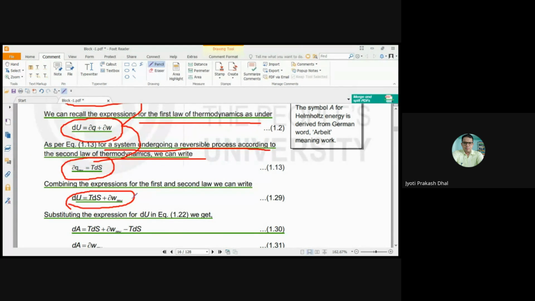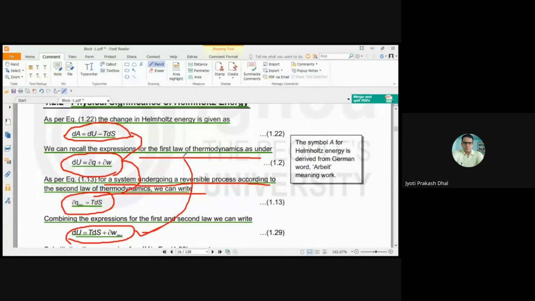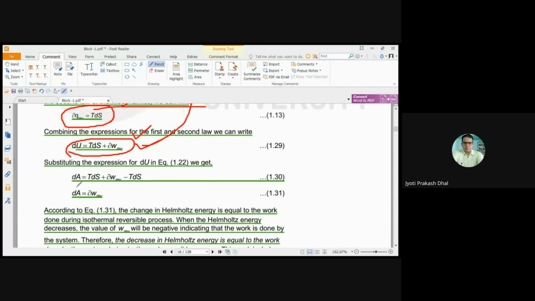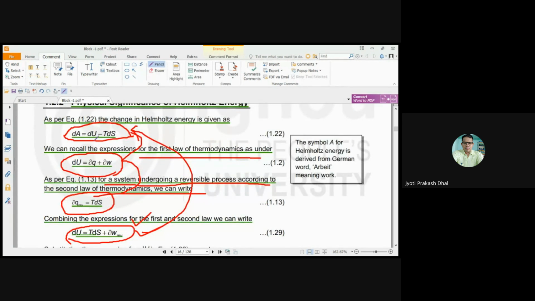Here this is the reversible work, del W reversible. If we substitute this into the combination of the first and second law in equation 1.22, we can write dA equals TdS plus del W reversible minus TdS, because equation 1.22 states that dA equals dU minus TdS.